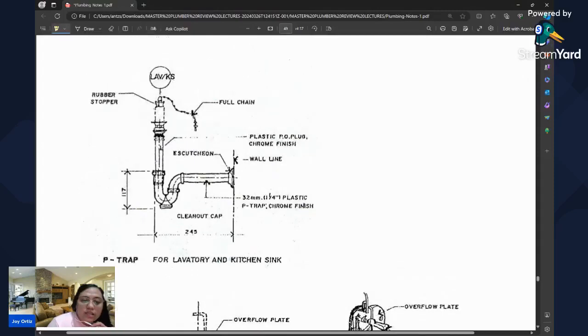So here's the laboratory and kitchen sink. Ito yung tinatawag natin na floor drain, 'di ba?